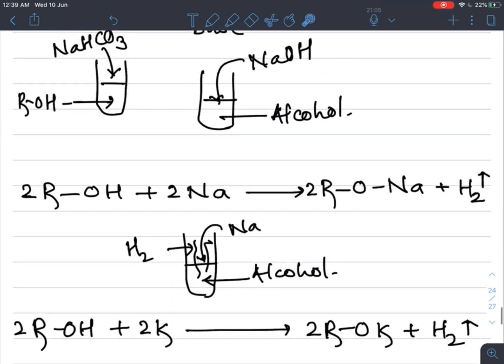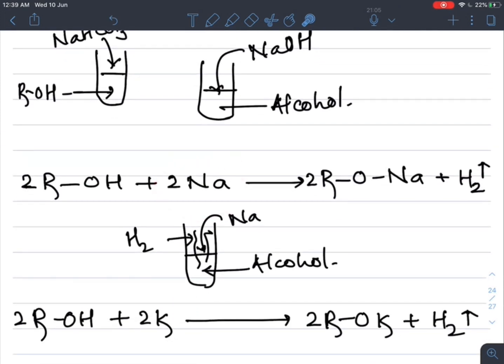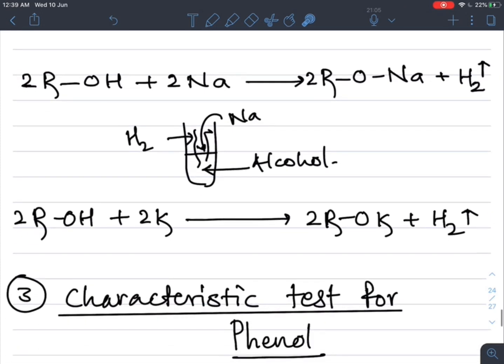But when alcohols are treated with highly reactive metals like sodium or potassium, they form their corresponding salts, that is RO minus Na plus or RO minus K plus, the sodium alkoxide and the potassium alkoxide, with the liberation of hydrogen gas.